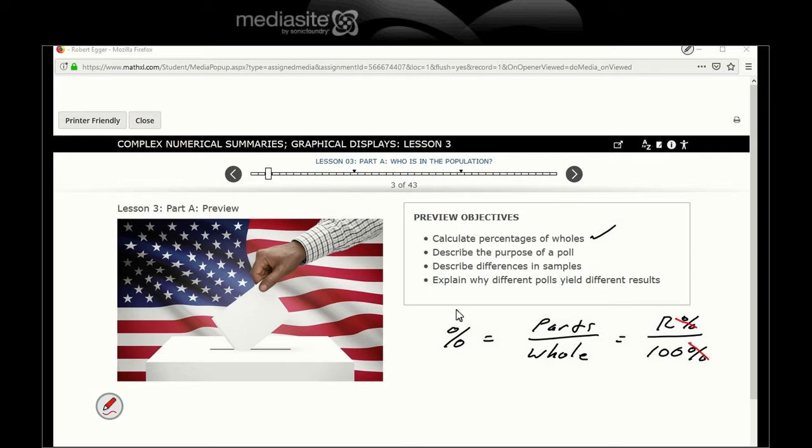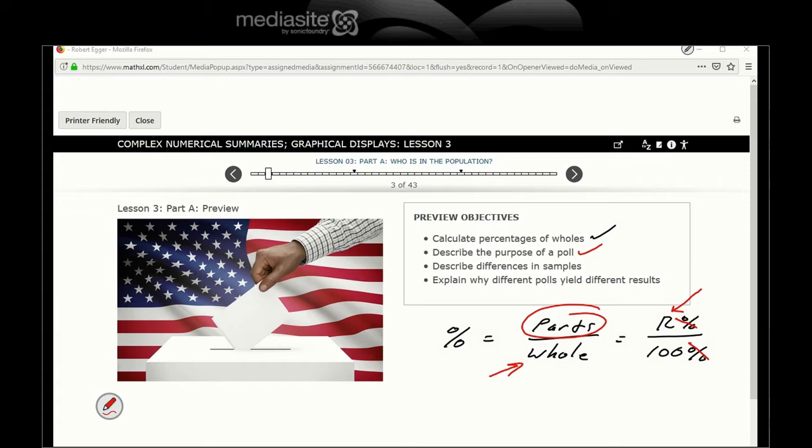units cancel. So if I know what percentage I have, and I know either the whole, I can find the part, and vice versa. If I know the part, I can find the whole. We're also going to be looking at polls.